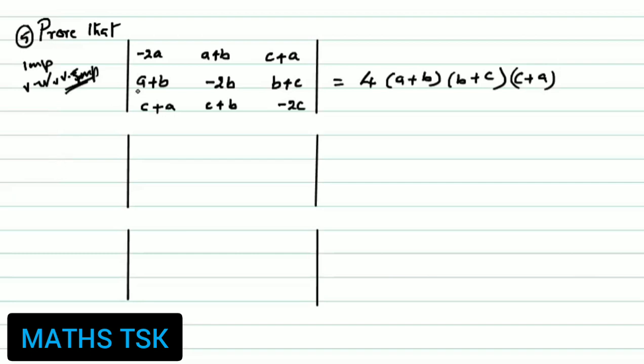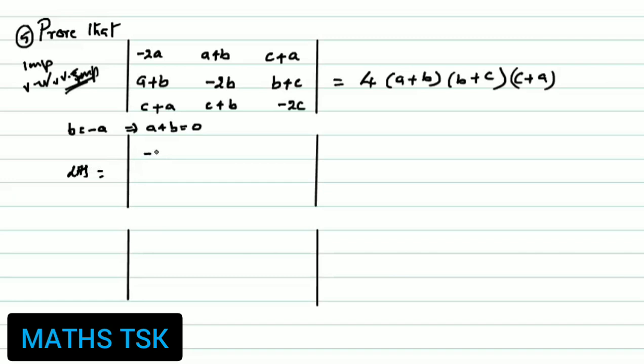Let us take this value. I consider b is equal to minus a. b equal to minus a means a plus b is equal to 0. I consider b as minus a. I take the LHS. So b as minus a. Consider this determinant. What happens?